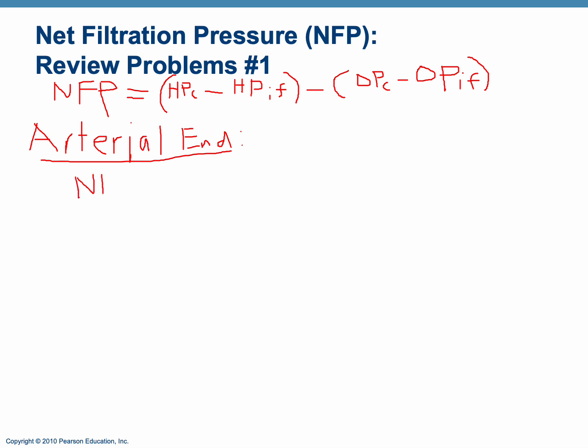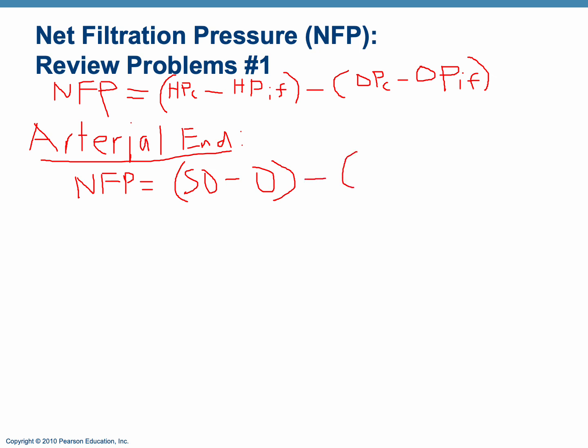So NFP is equal to, we'll put in here, we have 50 minus 0. And again, the 50 is a reflection of the hydrostatic pressure in the capillary. 0 is a reflection of the hydrostatic pressure in interstitial fluid.